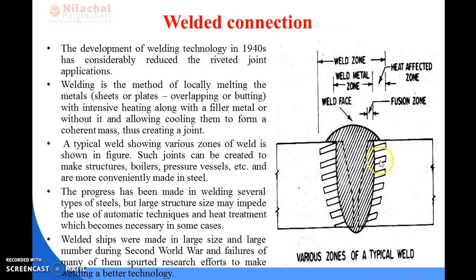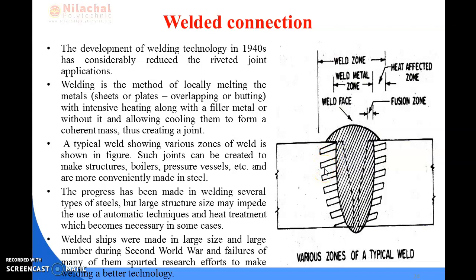So you can see this is a figure, and this portion is one structure or one plate section and this portion is another plate section. Okay, and in between these the welding is provided, and the square section is the heat affected zone.